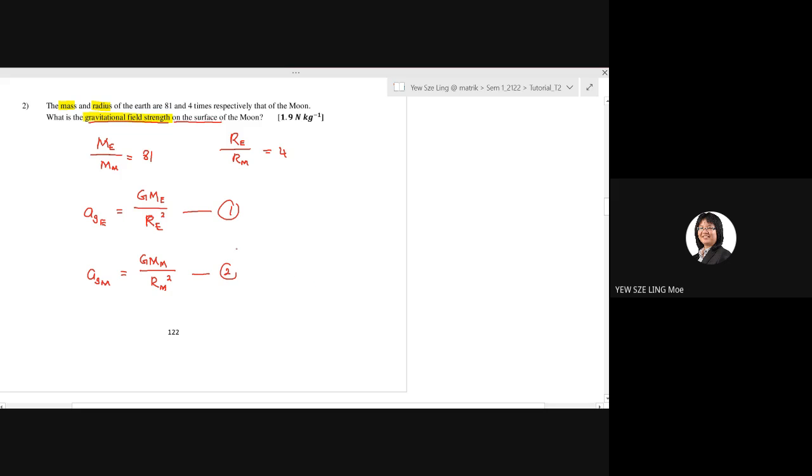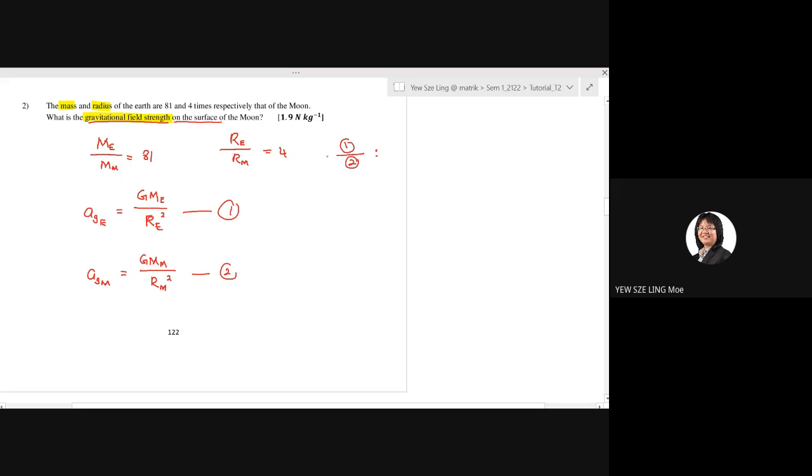Now, when it comes to these ratio type questions, usually we need two equations. After we obtain both equations, we are going to divide them by each other. So I'm going to use 1 divided by 2. The reason why we divide them is to eliminate the same unknown in both equations.